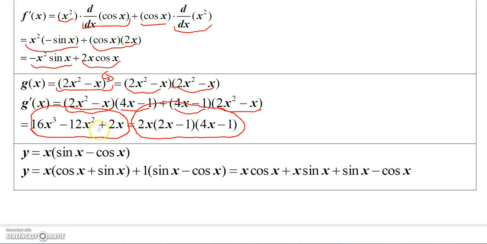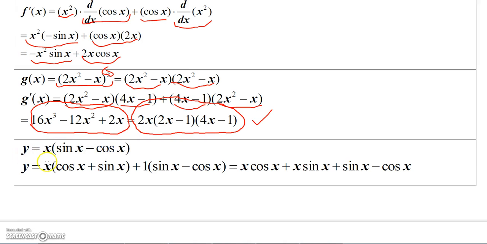So if you factor a 2x out of this and then factor the trinomial, you can write this as 2x times 2x minus 1 times 4x minus 1. So that's the derivative. And I'll tell you the reason that you might want to do this is because it's very important to find the zeros of derivatives. You'll find that out in calculus. And so by writing it in factored form, it makes it easy to find the zeros.